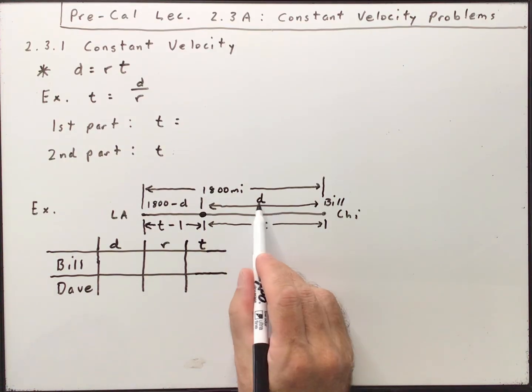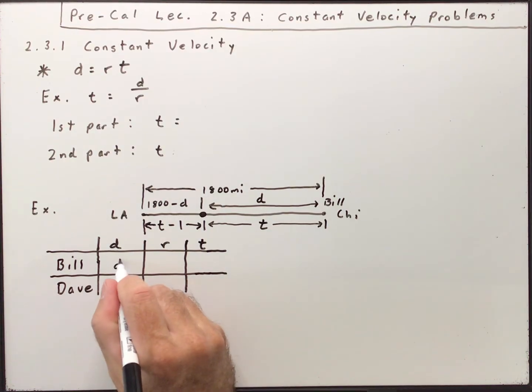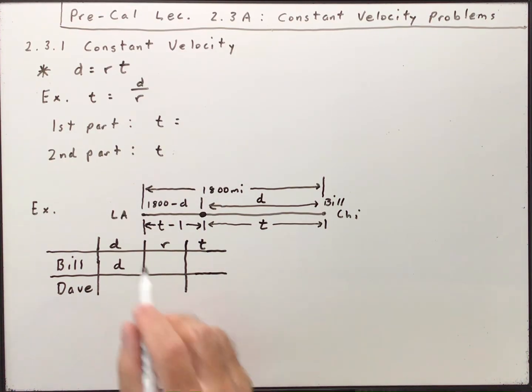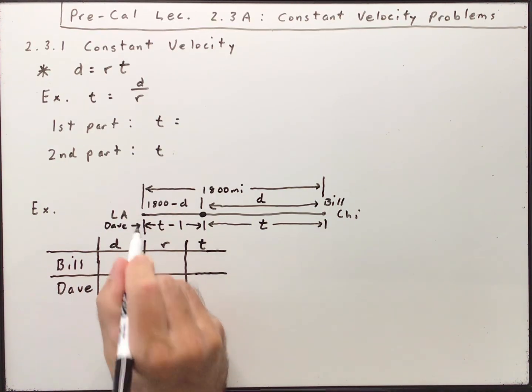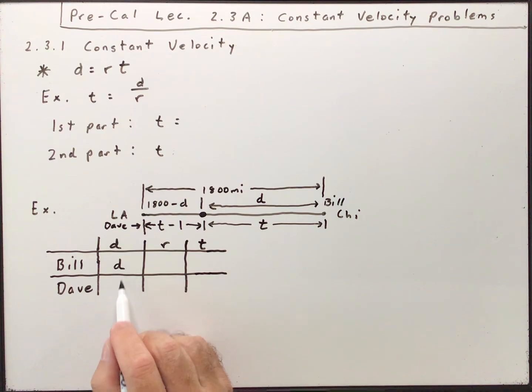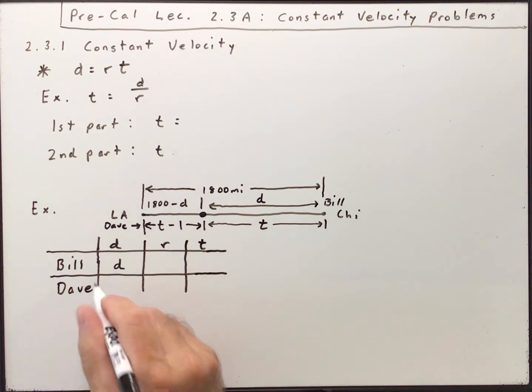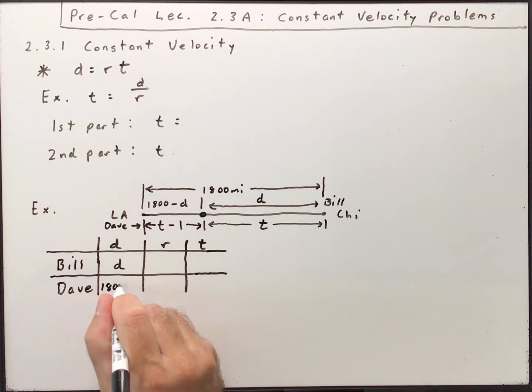We know that Bill's distance is D. And then, of course, Dave is going the other way. Dave's distance is 1,800 minus D.